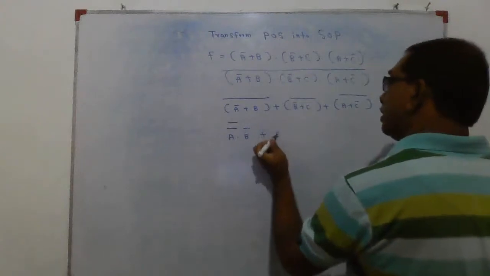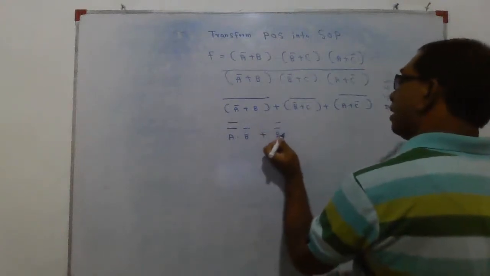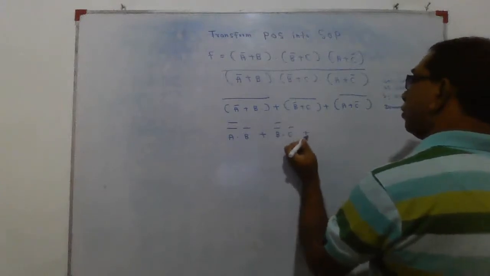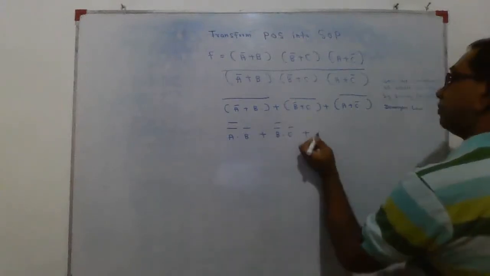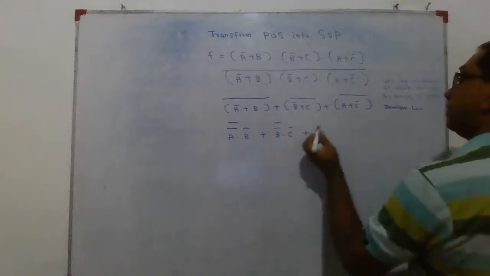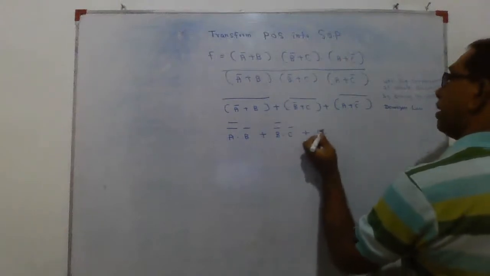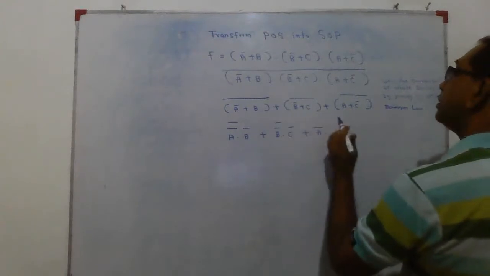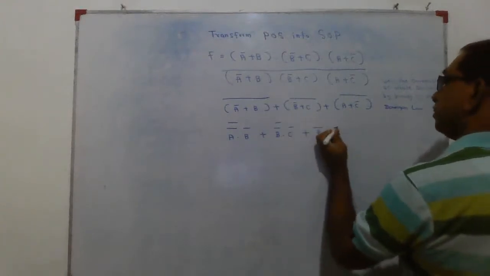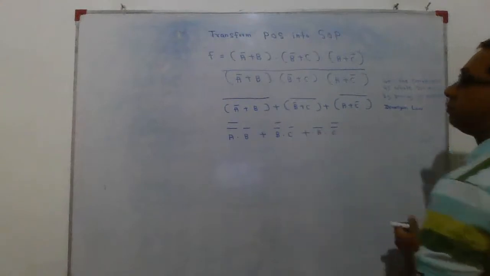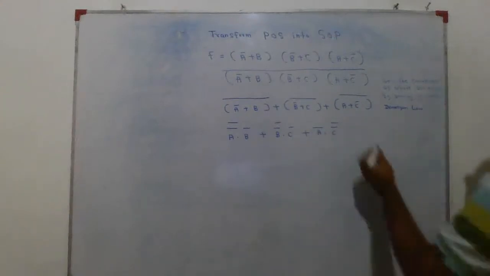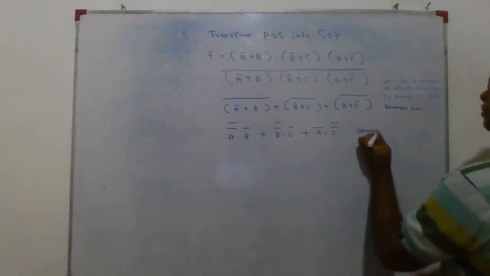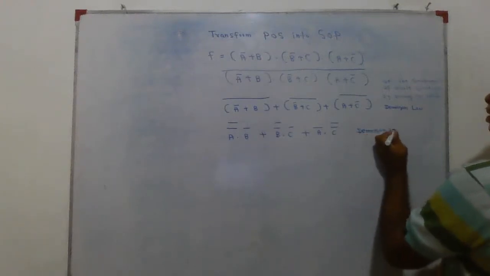So B double bar and C bar. O. A. Break the line with the operator. So it should become and A double bar with, A bar with C double. Again, De Morgan law is used. De Morgan law.